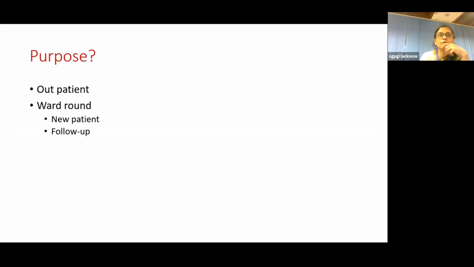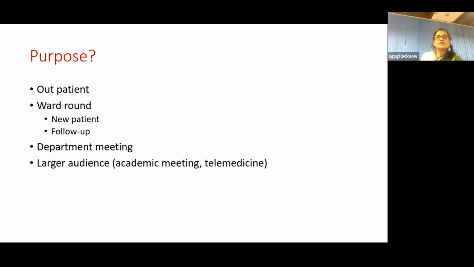So the purpose when you present a case could be that you're seeing a patient in the outpatient department and you need to discuss it with your consultant or your colleague, or the patient has been admitted to the ward, he's a new patient, so you have to discuss that patient in detail, or you are just presenting a follow-up next day on the ward rounds, or it is a department meeting in the academic morning class, or you're presenting it to a large audience, say in a conference.